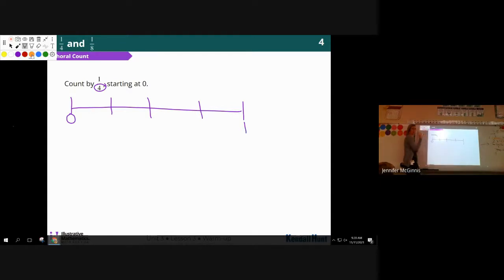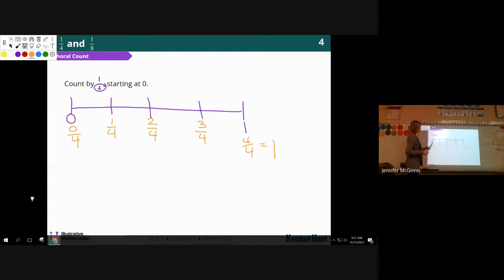And then I put 1/4, 2/4, 3/4, and 4/4, and then equals 1 whole. Is that it? That's it. Everybody give Cameron a big hand. Great job, Cameron.